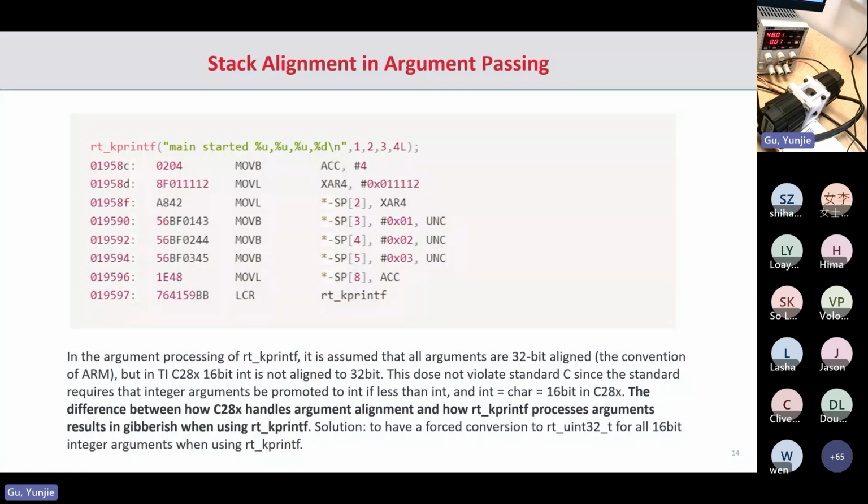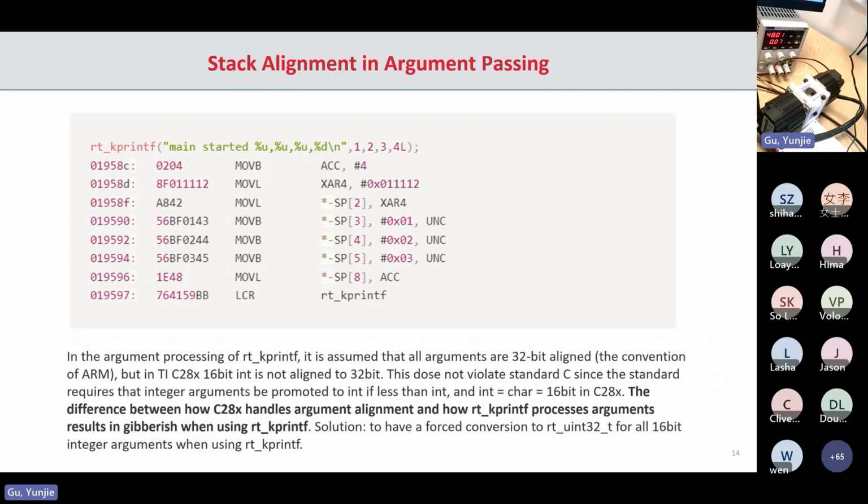For the first one, stack alignment, I will give an example. Take the function RT printout. This is a variable argument function, and in the standard protocol the arguments are aligned to 32 bits, so the formatter can just take each argument at an offset of 32 bits on the stack.